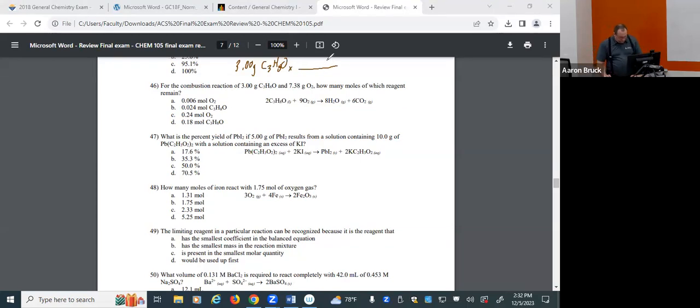Molar mass of carbon is 12. Molar mass of hydrogen is 1. So 12 times 3 plus 8 times 1 plus 16 is 60.